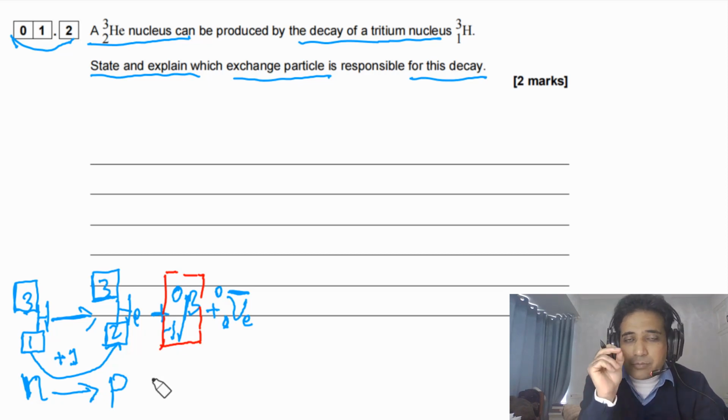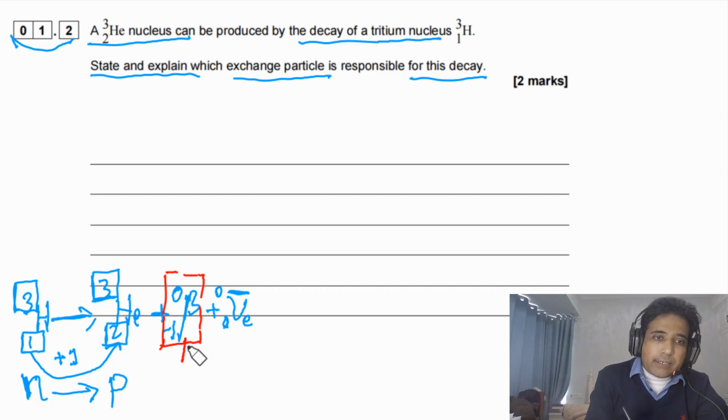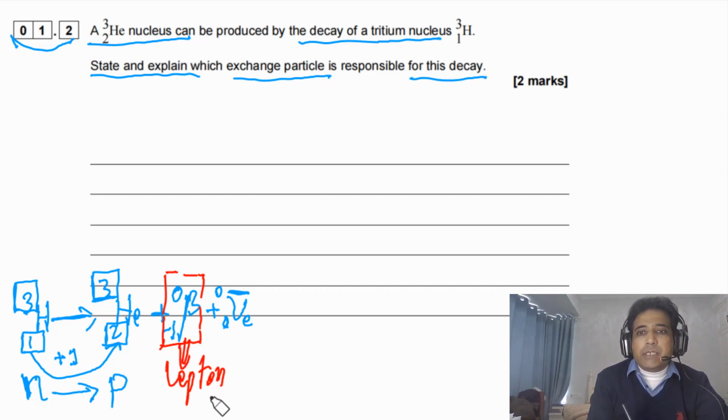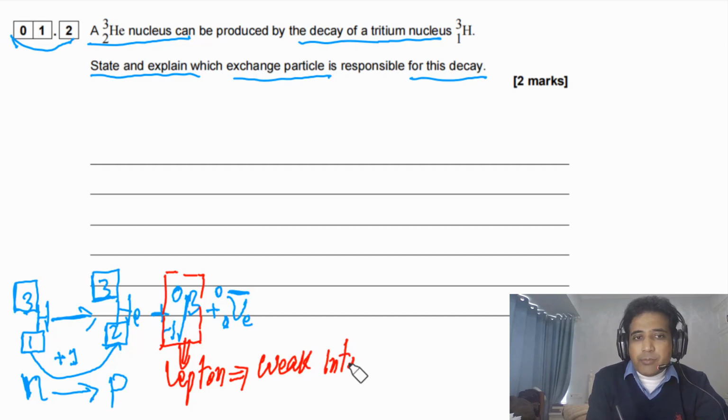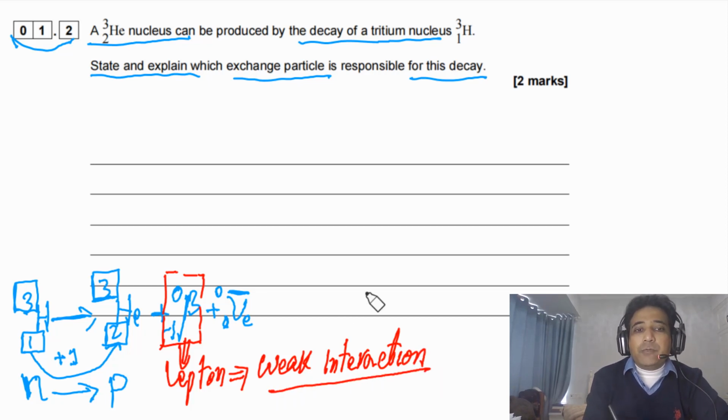In this case it means that leptons are involved because electron, this is a lepton. As leptons are involved in this case, it means that this is weak interaction, because weak nuclear force is responsible for this decay. So this is weak interaction.